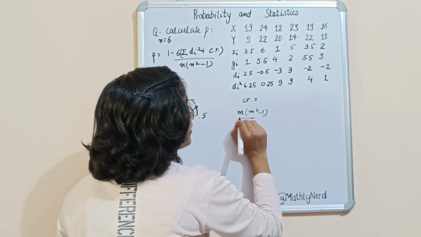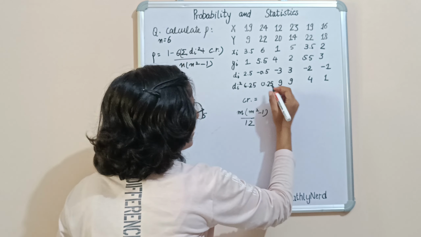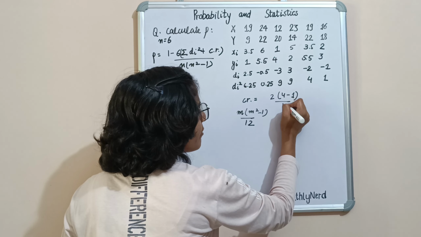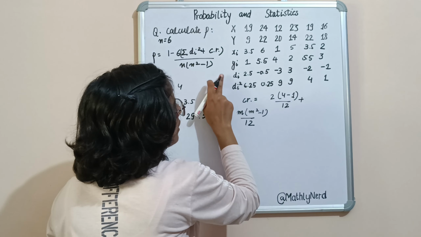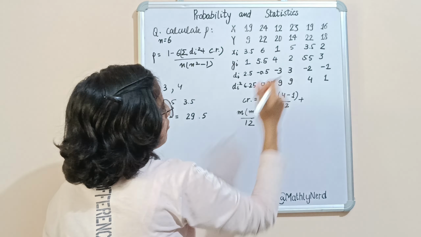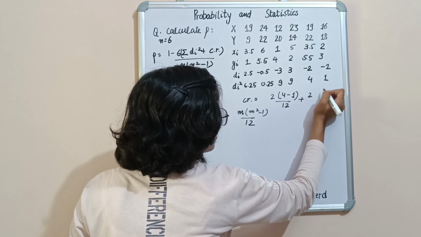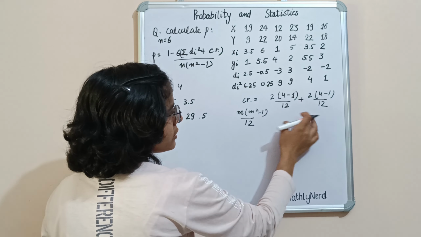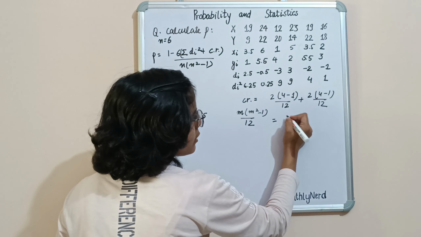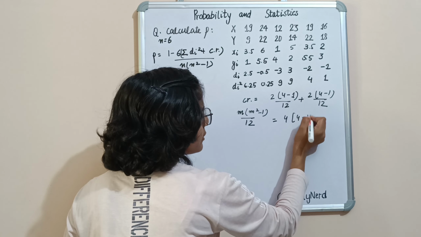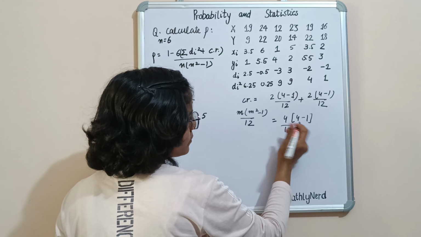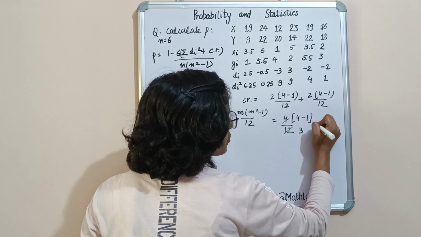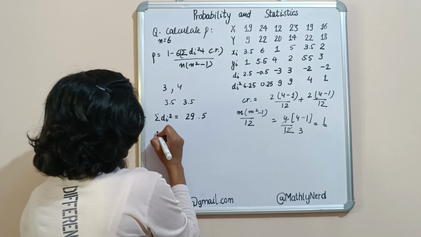So m is 2 because this is repeated 2 times: 2 multiplied by 4 minus 1, by 12, plus, now in yi, 5.5 is repeated 2 times, so we will have 2 into 4 minus 1, by 12. So this will be 4 times 4 minus 1, by 12. 4 minus 1 equals 3, so it will be equal to 1.